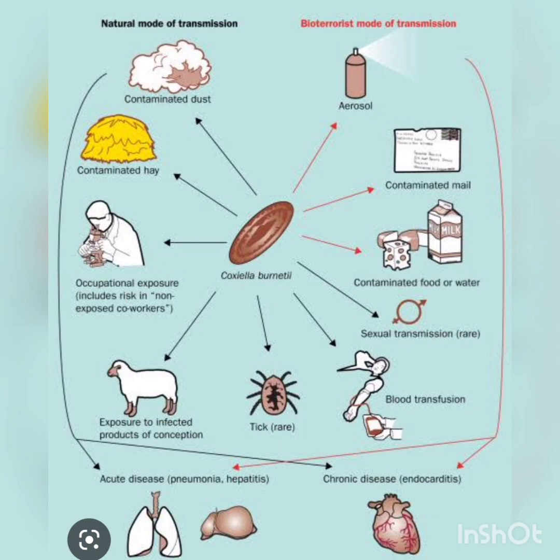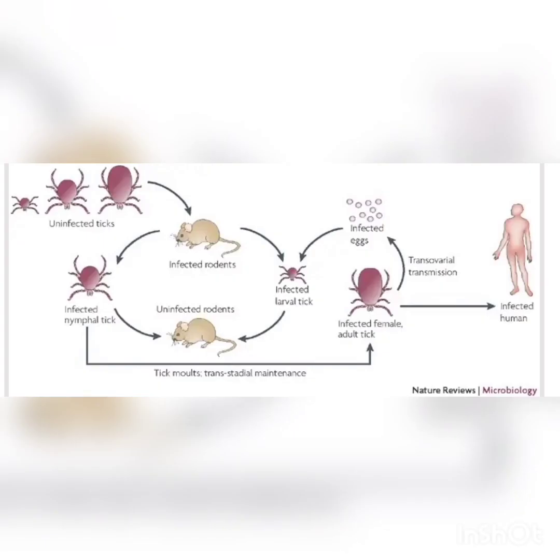So let us continue with the pathogenesis of Rickettsia. These Rickettsia are generally transmitted to human beings by arthropods. They act as vectors, meaning carriers, so they carry the Rickettsia to human beings.